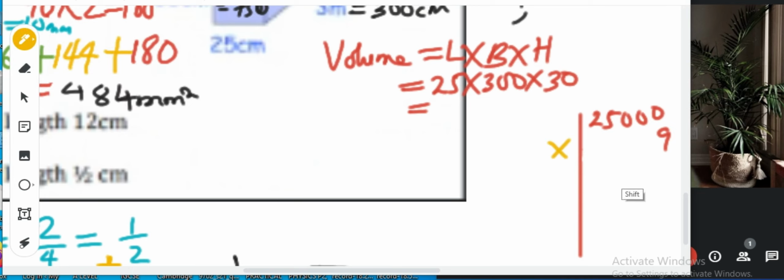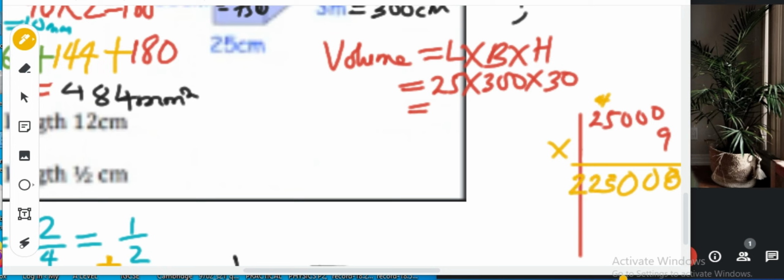Okay, so this will be 9 times 0 is 0, 0, 0. 9 times 5 is 45, so we write 5 and carry 4. 9 times 2 is 18 plus 4, that's 22.